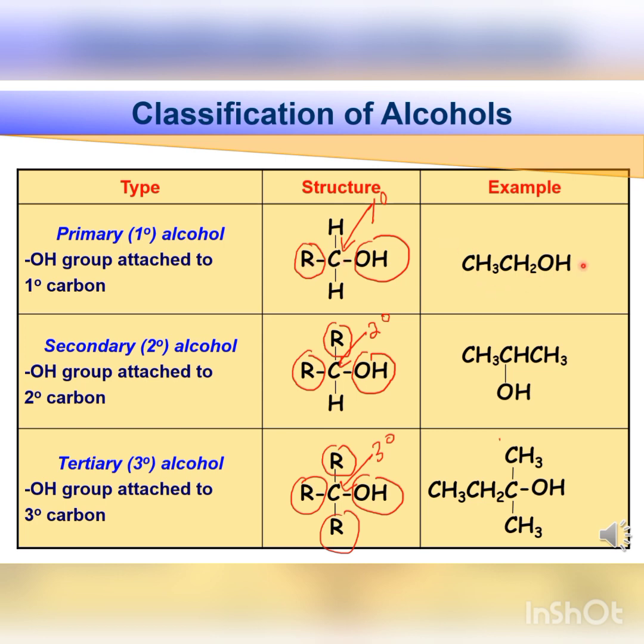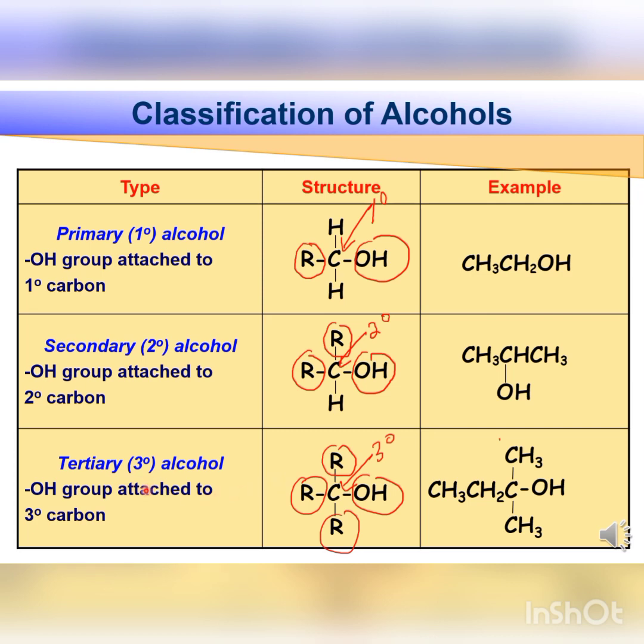An example is ethanol. For the secondary alcohol, the hydroxyl group is attached to the secondary carbon. From the structure here, we can see this hydroxyl group attached to this carbon. This carbon is a secondary carbon because there are 2 alkyl groups attached to it. The example is 2-propanol.